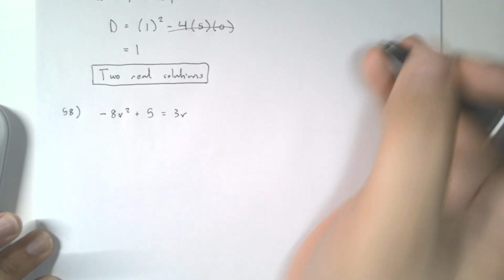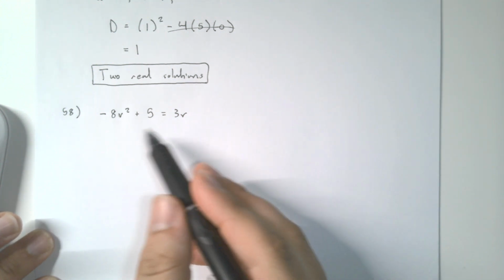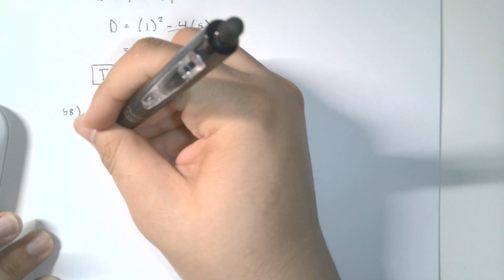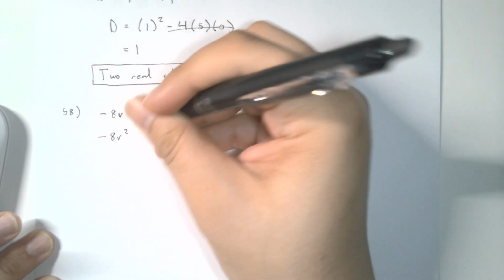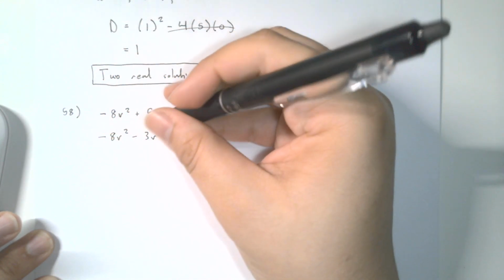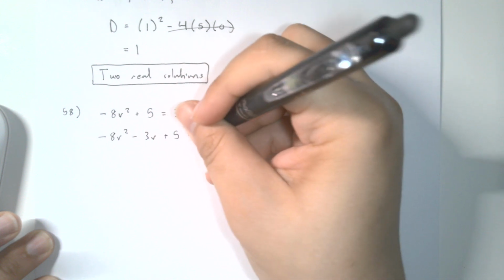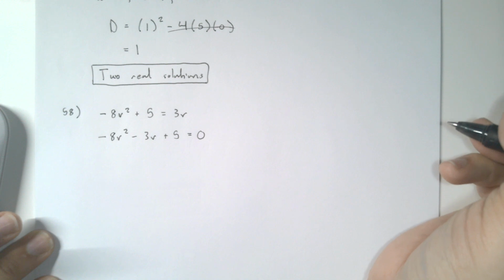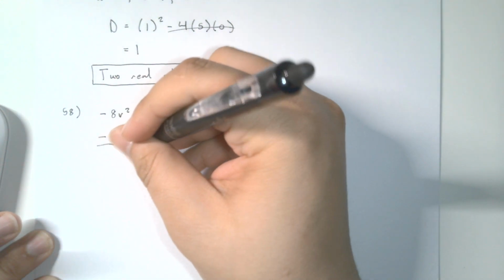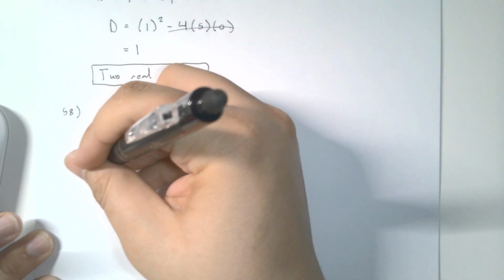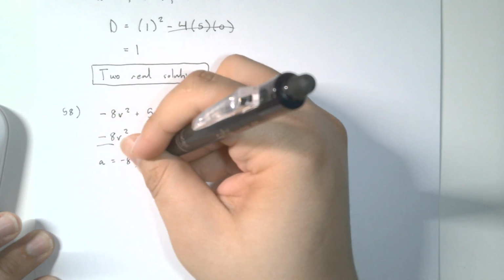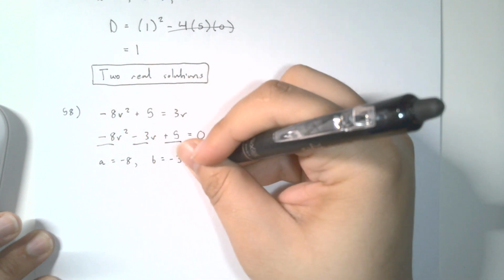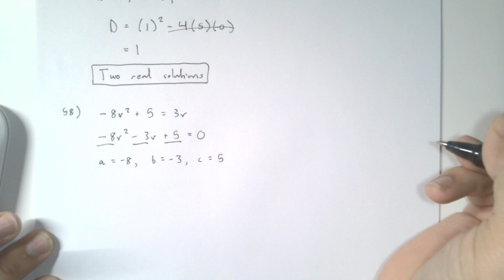Not in standard form, but we can fix that by subtracting 3v from both sides. We have negative 8v squared minus 3v plus 5 is equal to 0. So now we can identify what a, b, and c are. We have a is equal to negative 8, b is equal to negative 3, and c is equal to 5.